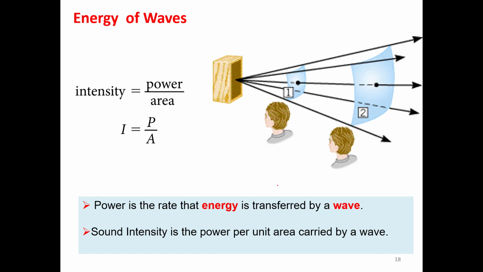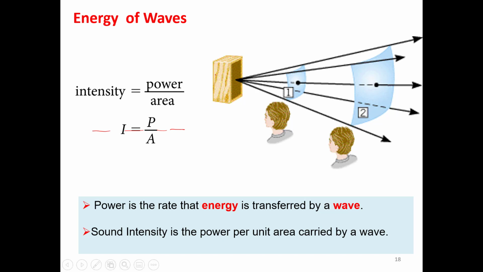One more thing is, if we analyze this equation, we can see the intensity and the area are inversely proportional. More area, less intensity. Because if we analyze this equation, if we apply the line test, they are in opposite positions. One is on top, the other is on the bottom. Then larger area, less intensity.